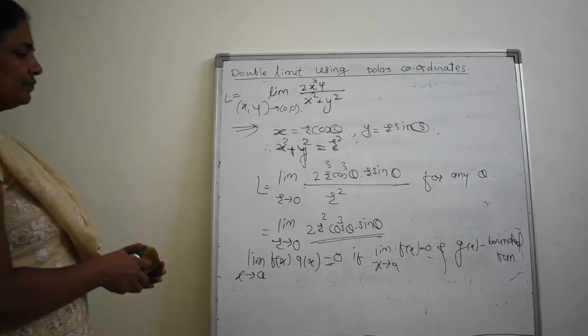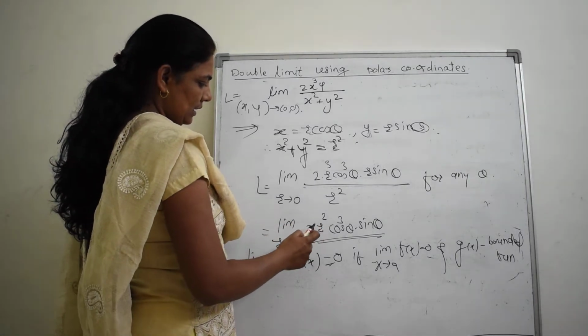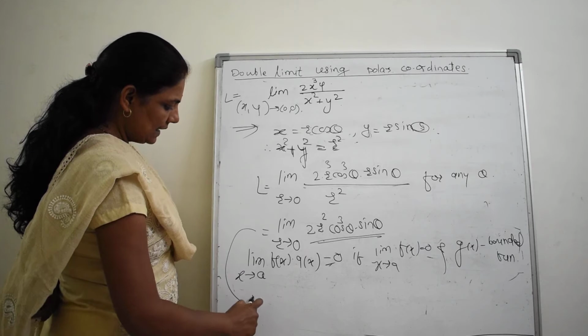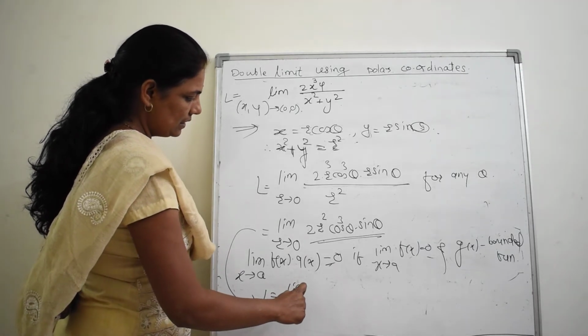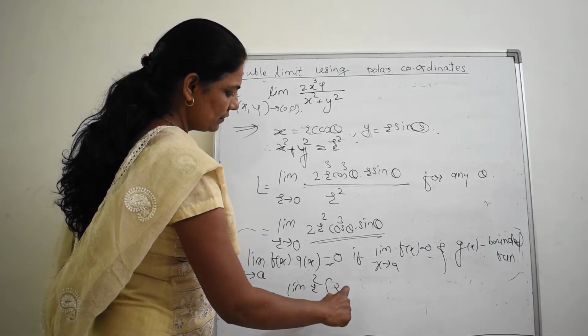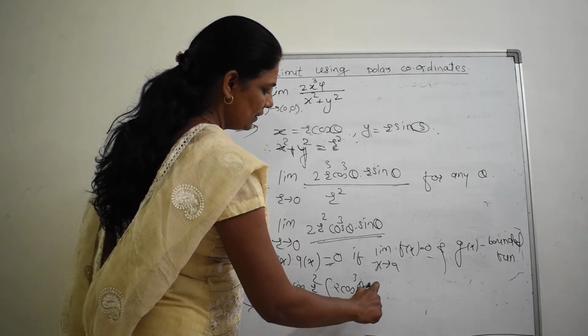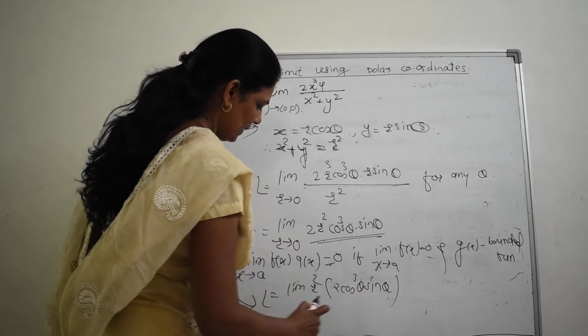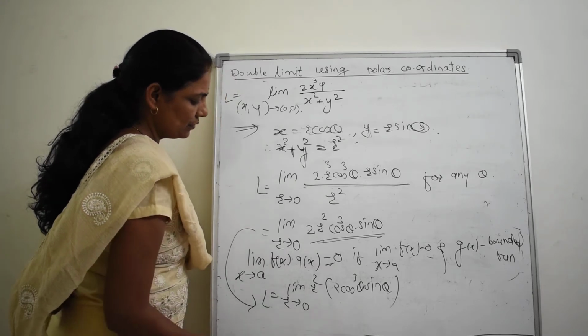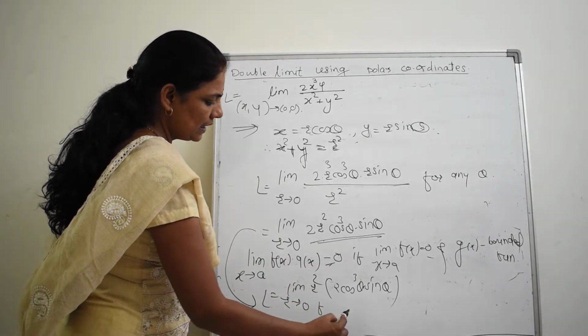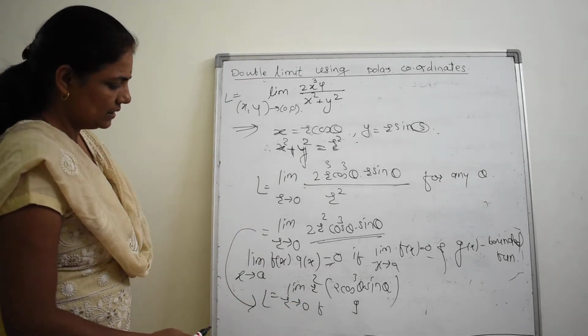So here L can be written as the limit of r square times 2 cos cube theta sin theta as r tends to 0. So this is our function f and this is our function g.